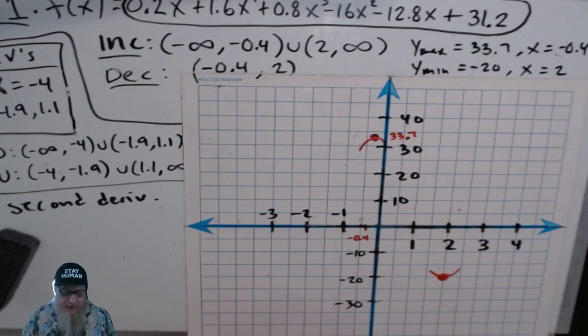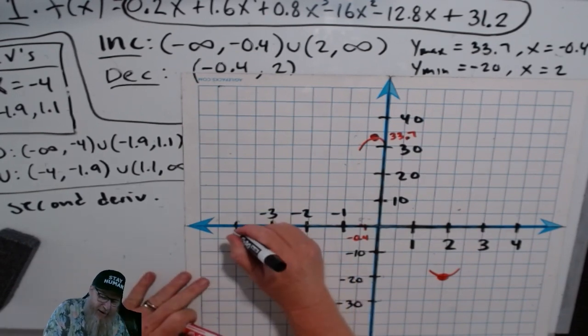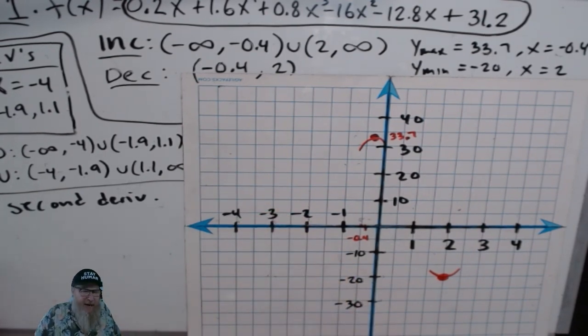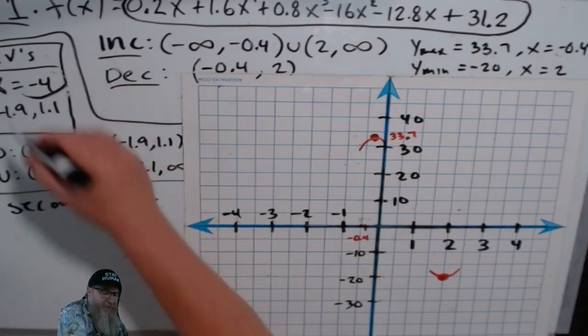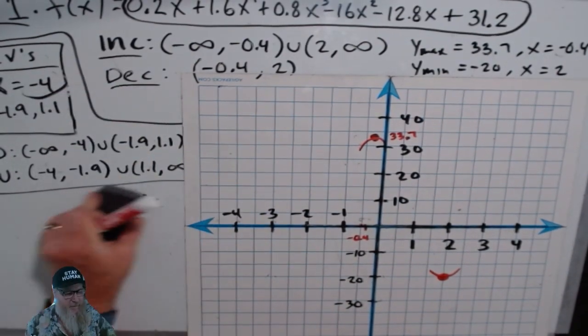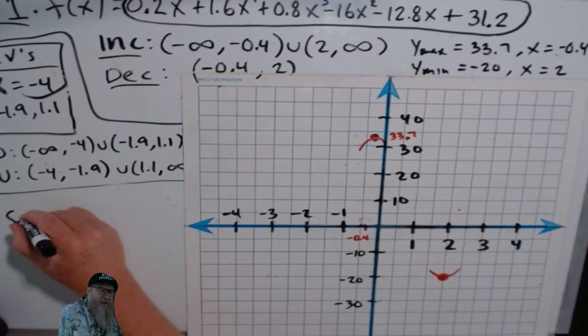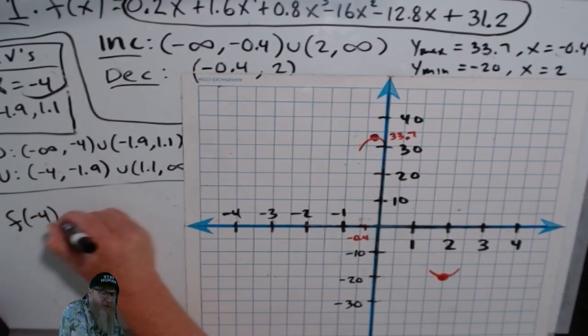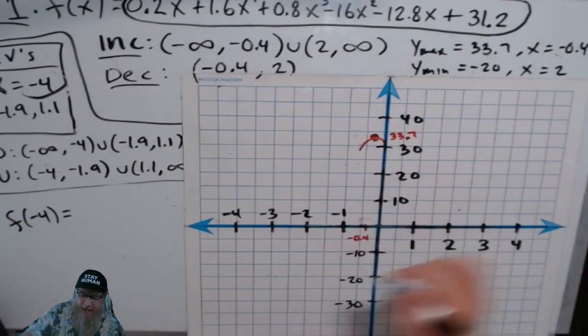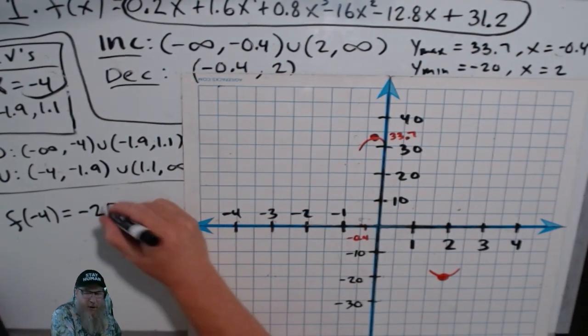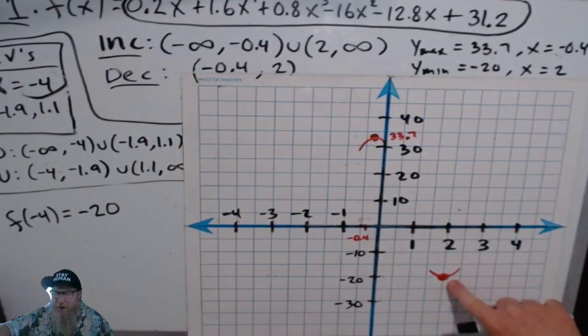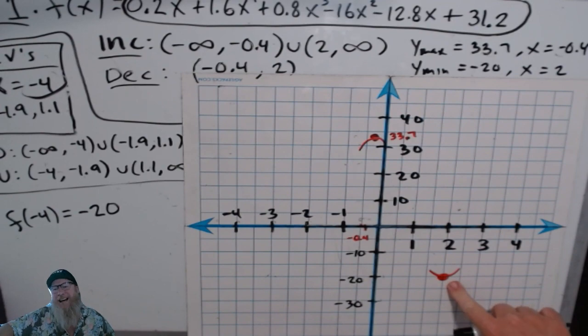All right. I'll go ahead and give you one that I already did in advance. If you plug in -4 to the original function, just to save us some time, I already did it. You get -20 again. It's the same as what you get when you plug in 2. It's kind of a coincidence.